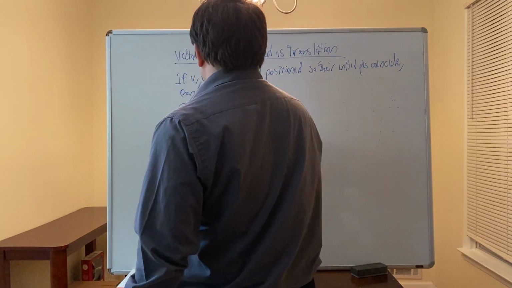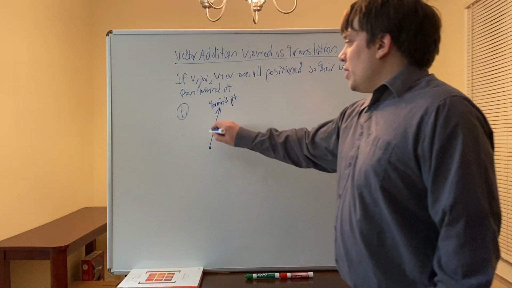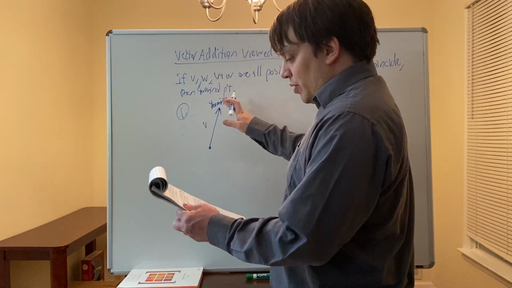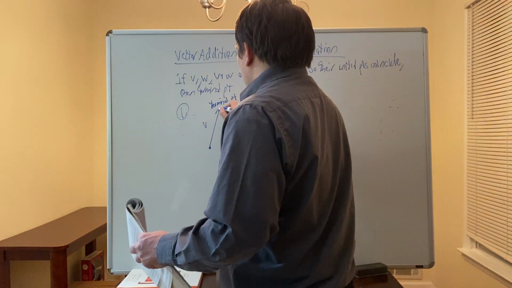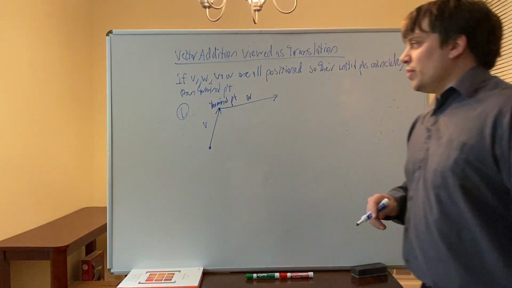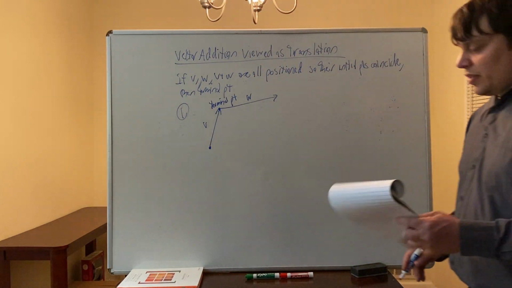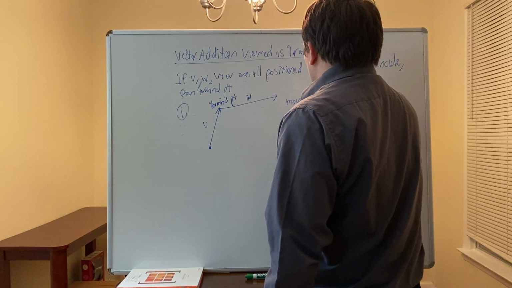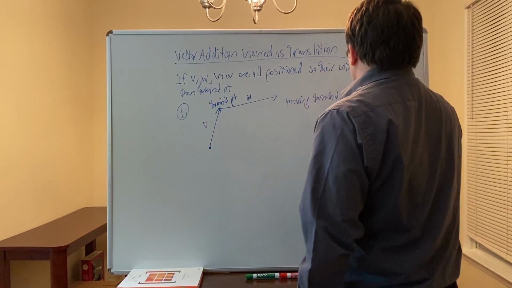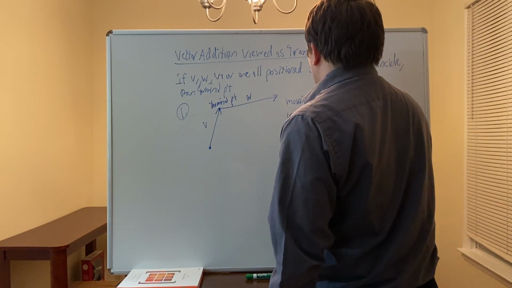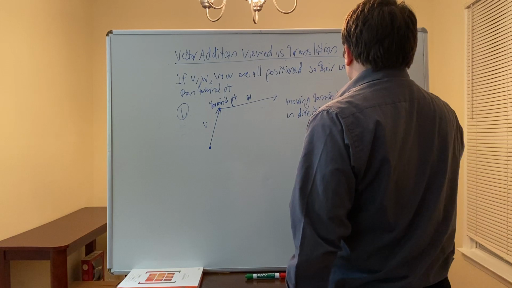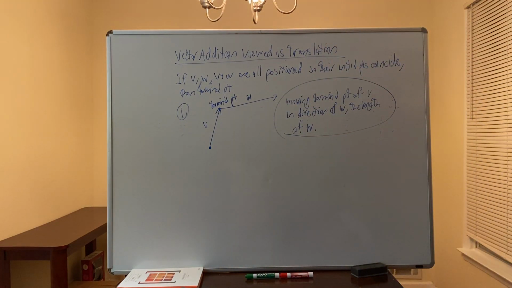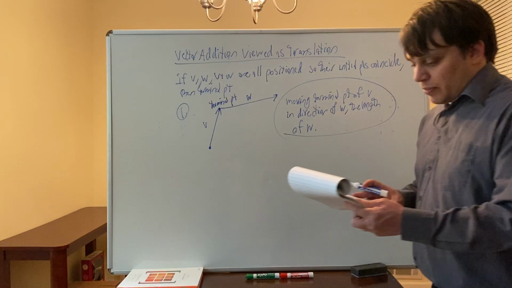Now if you do V plus W, one way to look at the terminal point is that you could just move the terminal point in the direction of vector W and of the same length as W. So you're moving the terminal point of V in the direction of W, the length of W. That's one way to view finding the point for V plus W.